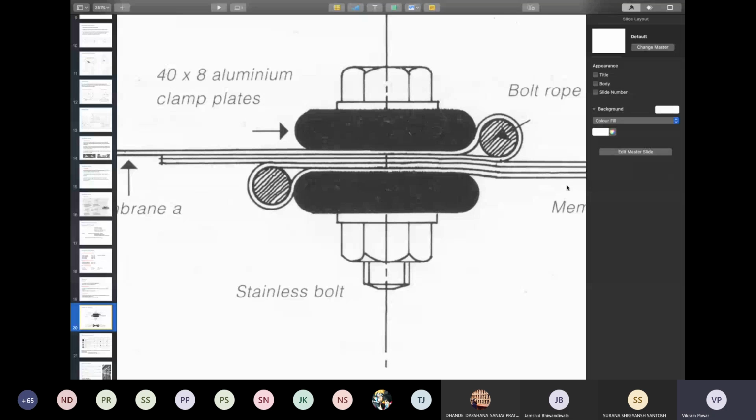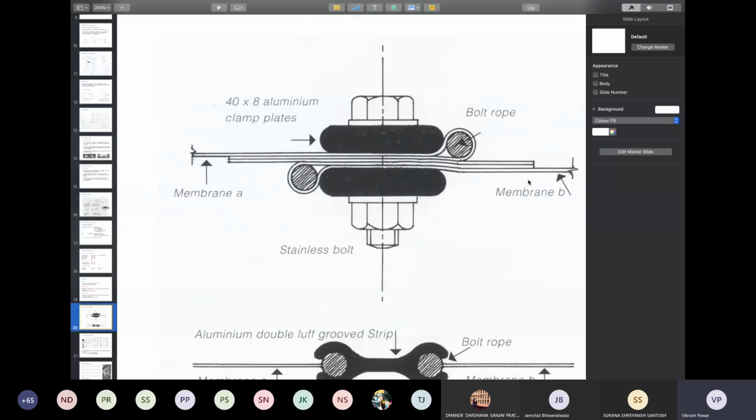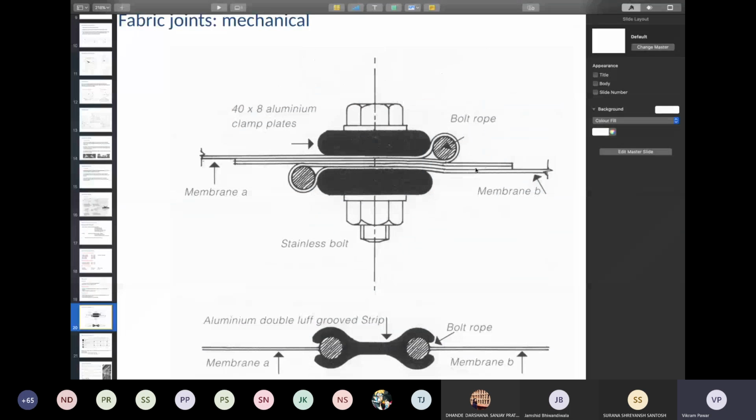And in between you have two additional strips which give friction, or some kind of stiffness, so that these fabrics don't slip off against each other.